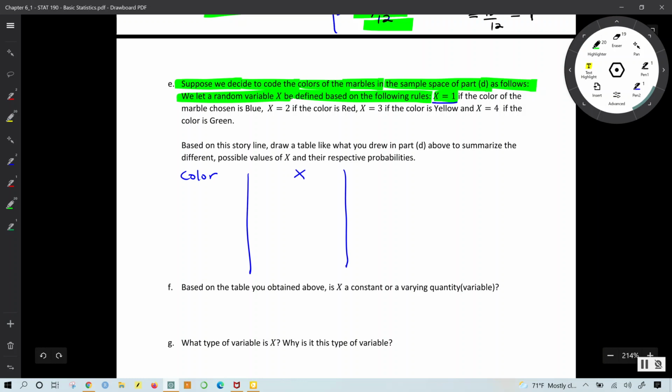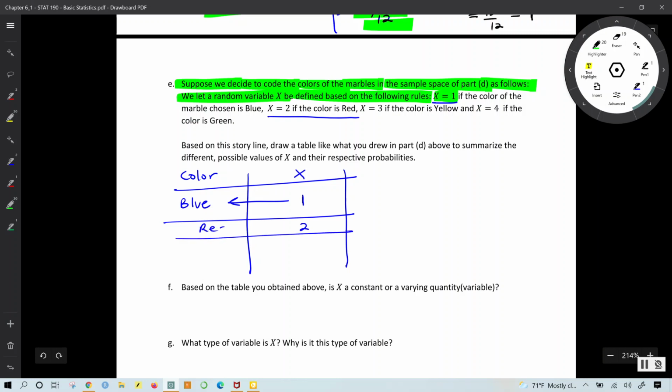So we're going to let x be equal to 1 if the color is blue. And we're going to let x be equal to 2 if the color is red. And x equal to 3 if the color is yellow. And x is equal to 4 if the color is green.